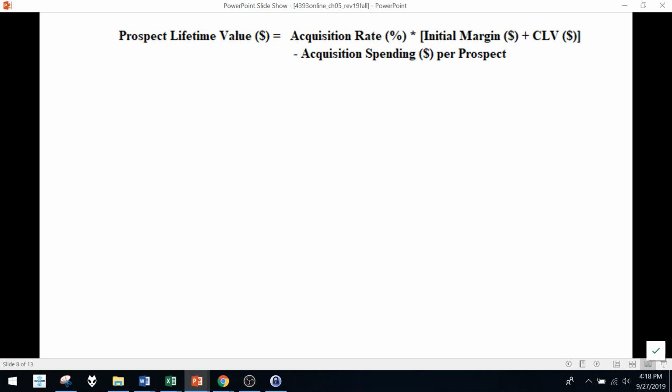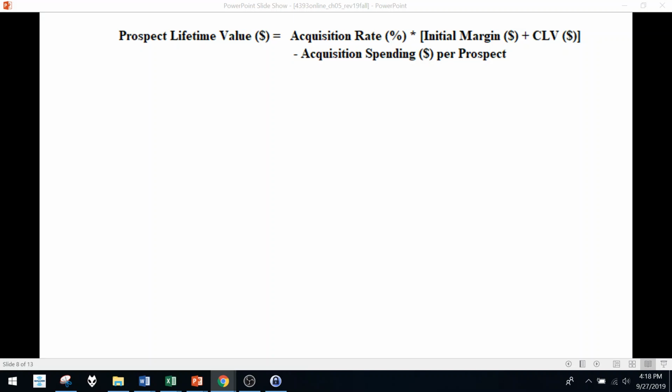Okay, prospect lifetime value. This is a little bit different, a little bit harder to wrap your head around, but with prospect lifetime value, basically, instead of looking at the average lifetime value of a customer, you're looking at the average lifetime value of a prospect. So you're not only concerned with those who do buy your products, you're going to throw into this the costs of those who do not become customers, that kind of stay prospects.